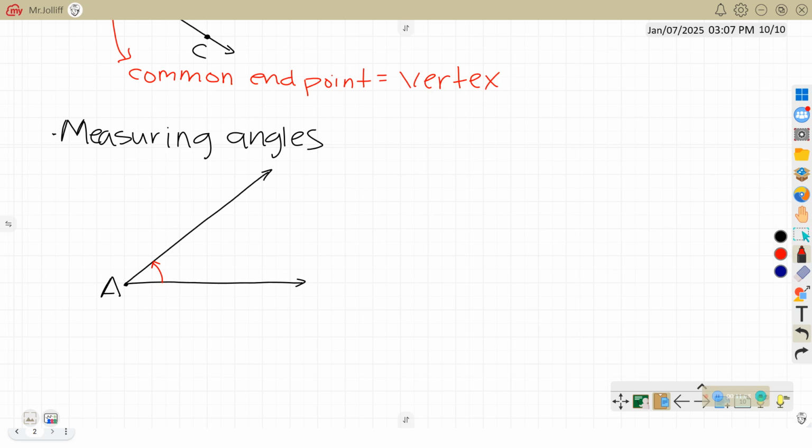And the default is theta, the circle with the line through it. Doesn't have to be theta, just like it doesn't have to be x, right? We can use A, B, D, S, Y for an unknown number. We can use theta or alpha or beta or gamma or whatever Greek letter you want to use to represent the angle. Theta is the default because it's easy to draw, and it sticks in our brain.